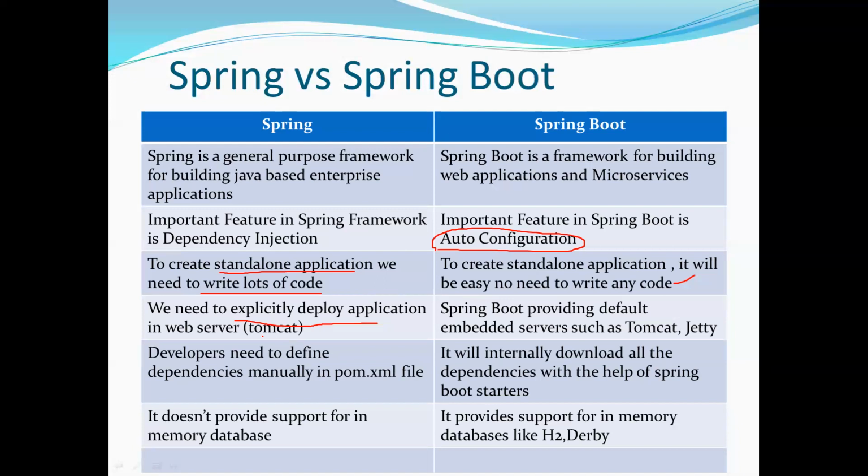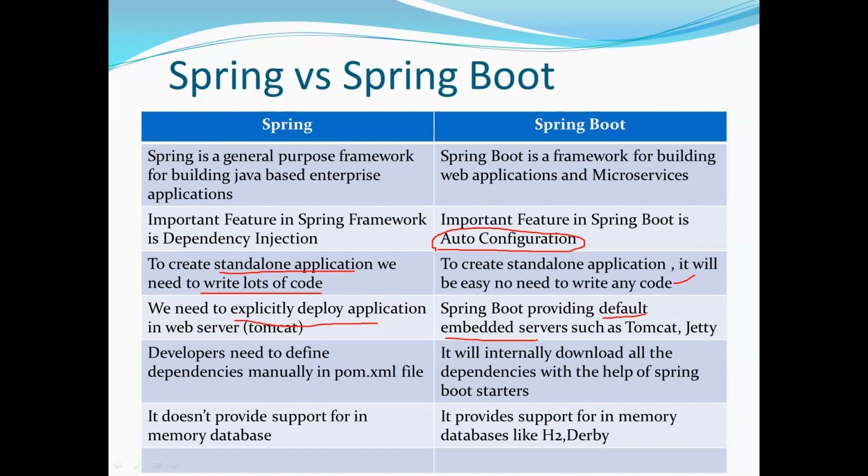But Spring Boot gives default embedded servers, like Tomcat, Jetty, Undertow, a lot of inbuilt software given to us. These are called embedded servers. You just need to run the application. By default it will be deployed into Tomcat, running on port number 8080. It will take one minute by using Spring Boot.